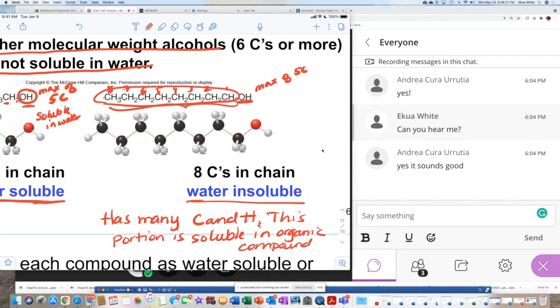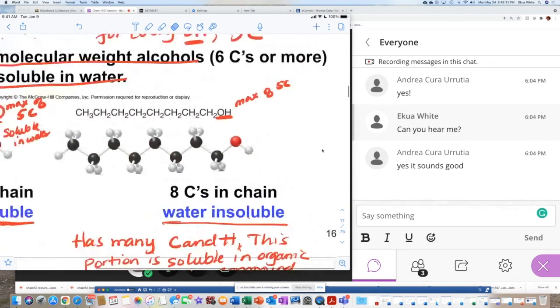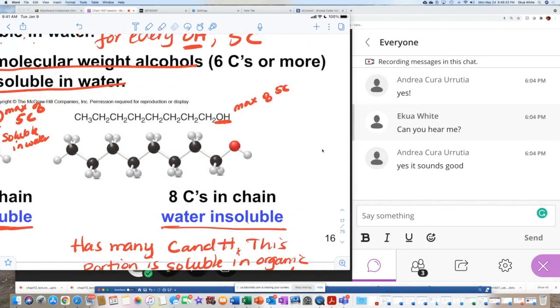Remember, the OH part of the molecule is more like water, right? So let me draw out water real quick so we can see what I'm talking about. The water molecule, I'm going to draw it like this, H dash O H. So the OH part here is more like water.